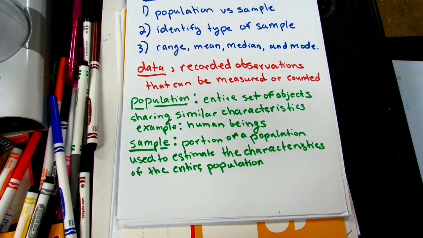However, what we could do is taste 4 different kinds of chocolate cakes and say, well, we took a sample of all the chocolate cakes, right? So we tested 4 of them, and all 4 of those were sweet. So we're going to estimate that since all 4 of those were sweet, all chocolate cakes, or the entire population of chocolate cakes, are sweet. Okay, so that's how samples are used.